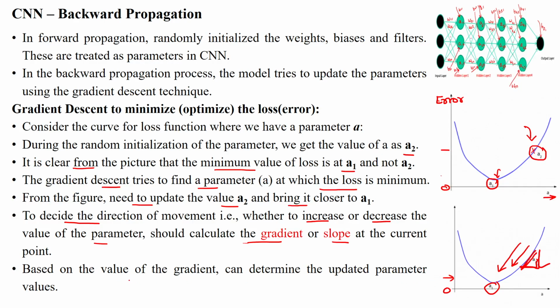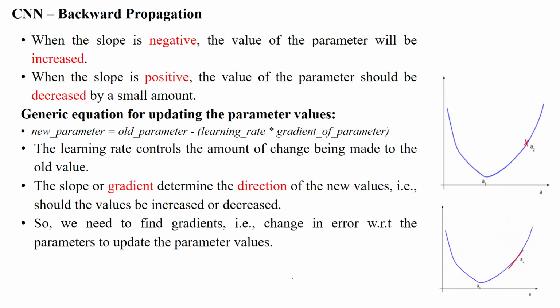Okay, so based upon this value of the gradient we can determine the updated parameter values. So here when slope is negative, then we have to increase the parameter value in the given picture, and when your slope is positive, then we have to decrease the parameter value by a small amount.